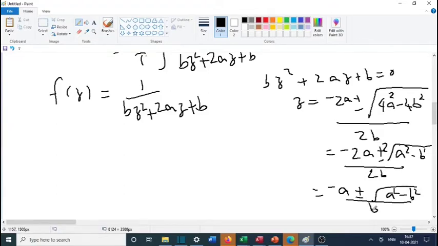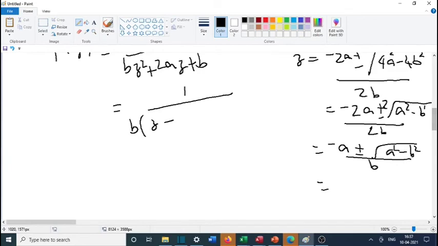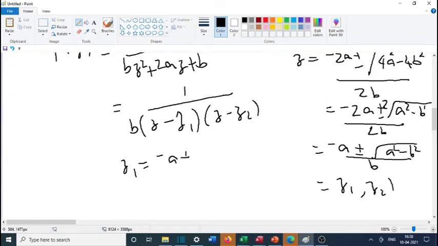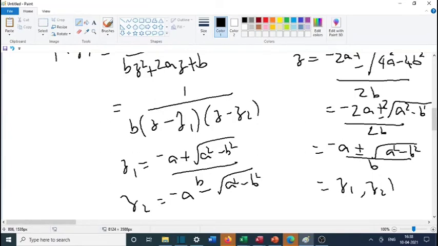So these are the roots. So f(z) can be written as 1 by b into z minus z1 into z minus z2, where z1 is equal to minus a plus square root of a square minus b square by b, and z2 is equal to minus a minus square root of a square minus b square all divided by b.